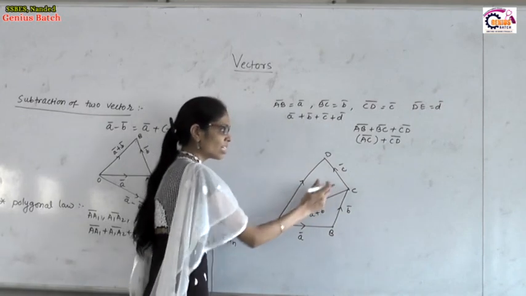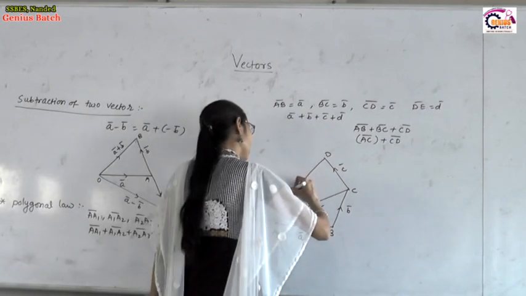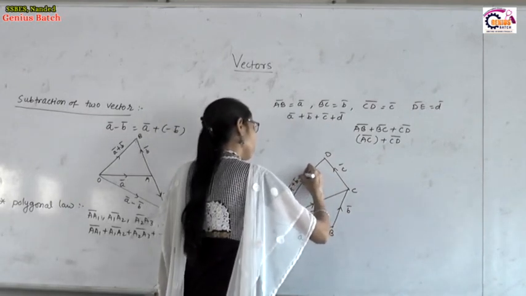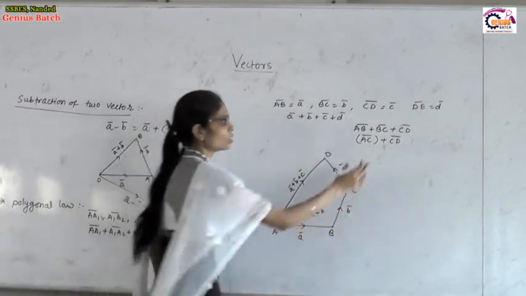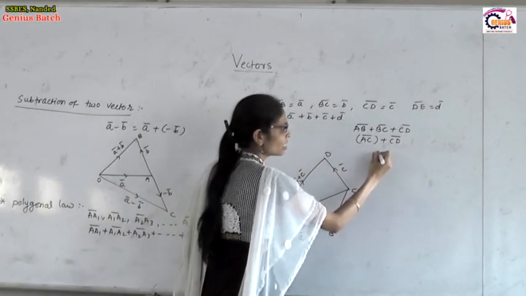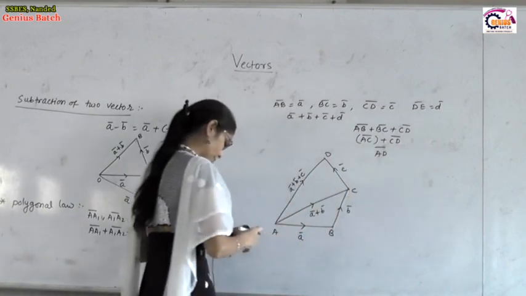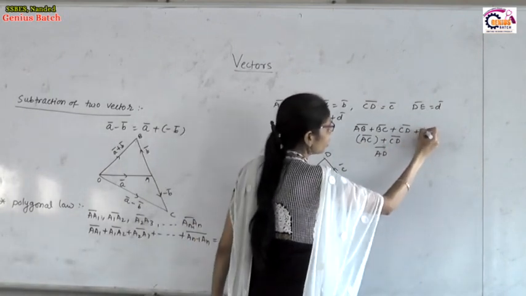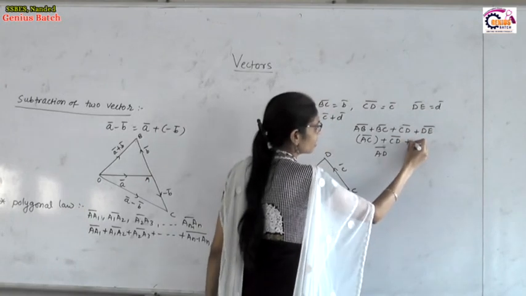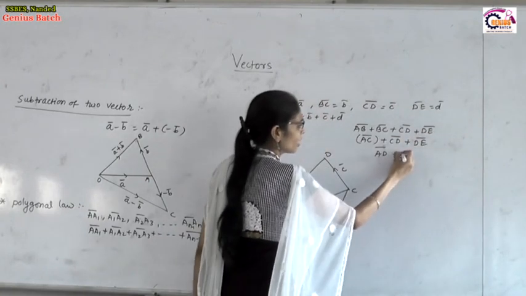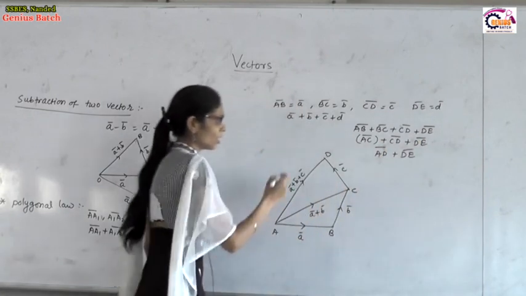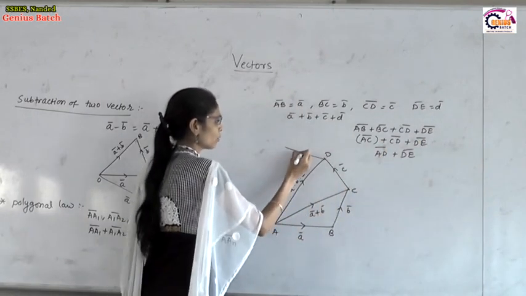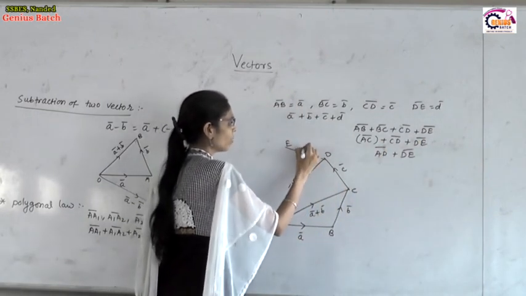AC is A plus B, CD is C, so resultant will be A plus B plus C. Okay, now I will add vector DE to this. Again, this is DE vector, represented by vector D.